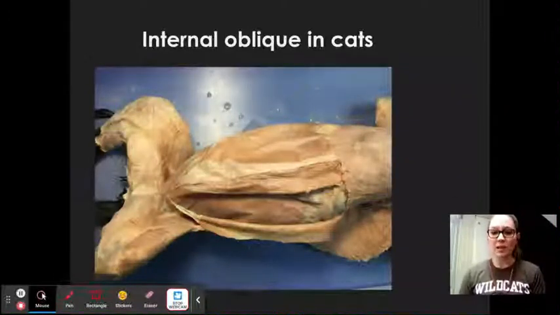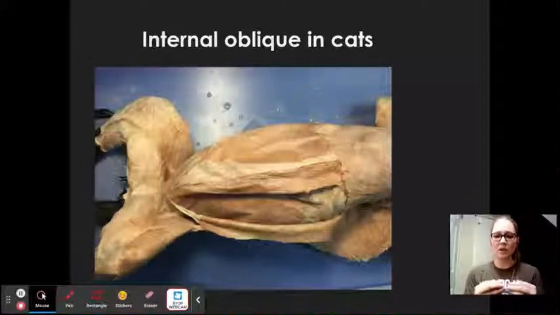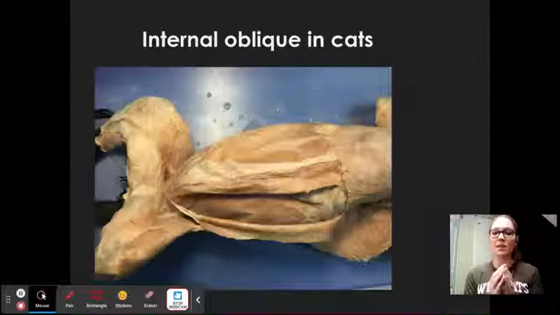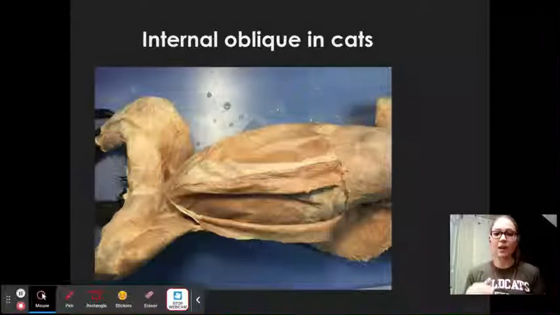And when you guys look at it inside the cats, we have to dissect away the external oblique. This takes a lot of patience because these are very thin and delicate muscles. And so here's the internal oblique. What's cool when you guys start to look at these in the cats is you'll actually see the muscle fibers run in opposite directions. So it's giving that support to our abdominal cavity.